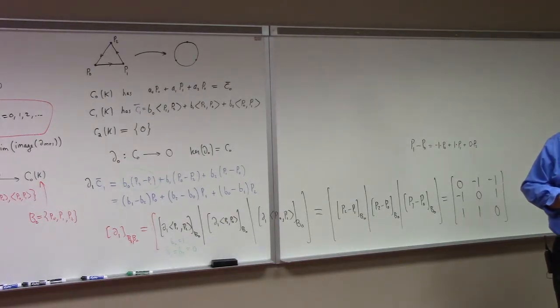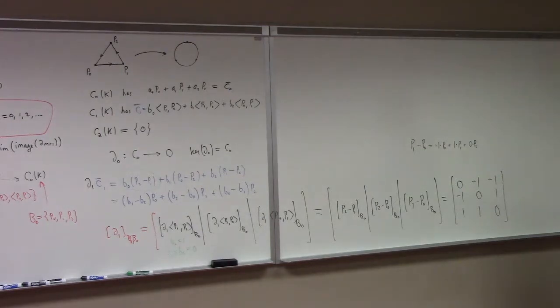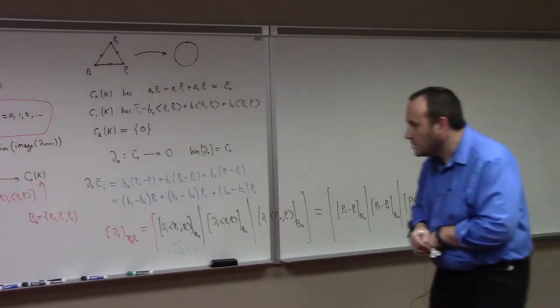Yes? Is there a change in sign for the middle one or something that I'm forgetting? Oh, did I mess it up? Because you said you have P1, P2, and you have P2, P0, but then you have P2 minus P1.